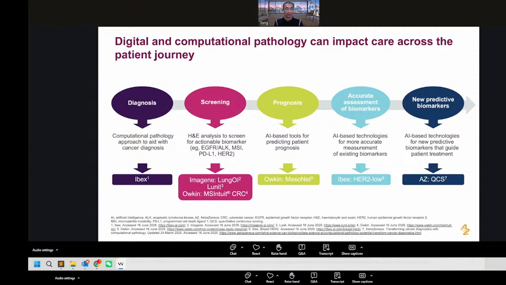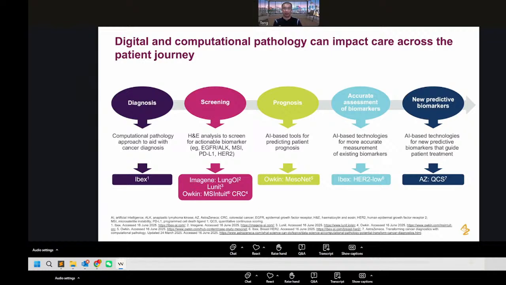Talking about the digital and computational impact, it has impacted pathology overall from different angles: from diagnosis, from screening, from prognosis, and quantitative assessment, and now more as potential predictive biomarkers for treatment decisions.